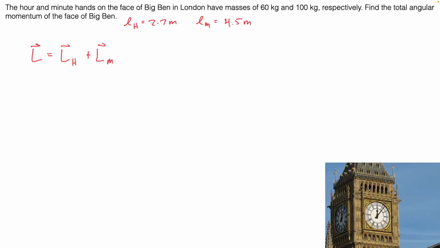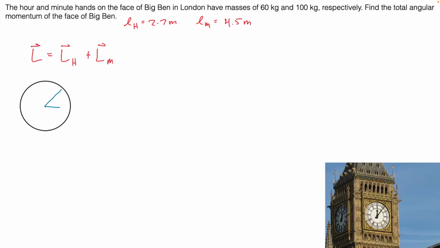On a clock face, and I know I'm aging myself here by referencing these ancient things called clocks, which way do the hour and minute hands move? Clockwise. So we wrap our hands around in the clockwise direction. Which way does our thumb point? Into the screen. I've got these 2 hands on the clock face, and the smaller one is the hour hand.